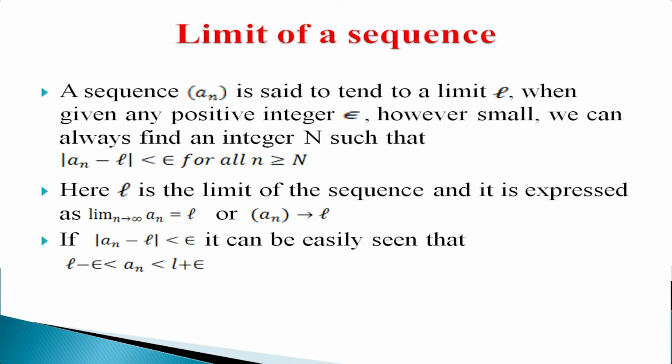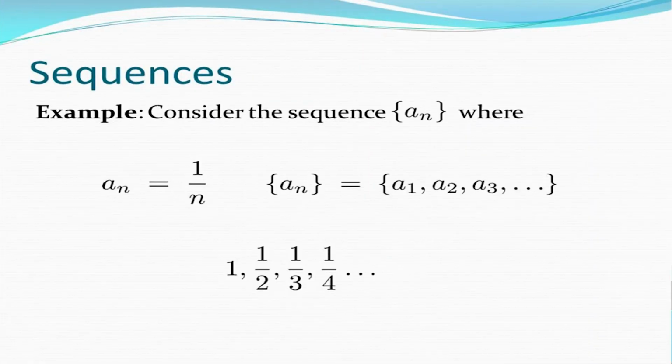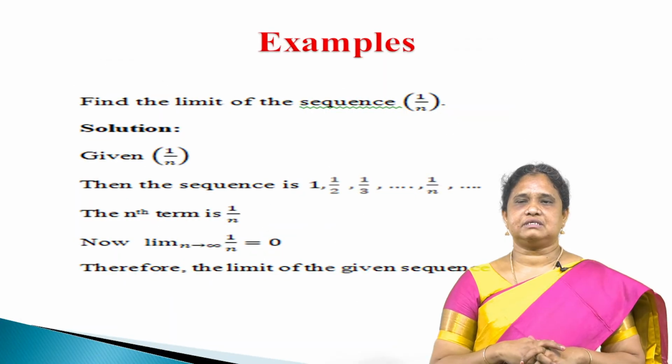Let us see some examples for finding the limit of sequences. Consider the sequence an where an is equal to 1 divided by n. If we give values for n as 1, 2, 3, 4, etc., the sequence is 1, 1 by 2, 1 by 3, 1 by 4, etc., 1 by n, etc. And how do we find the limit of the sequence?